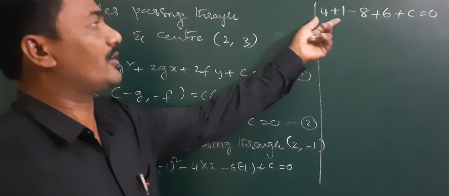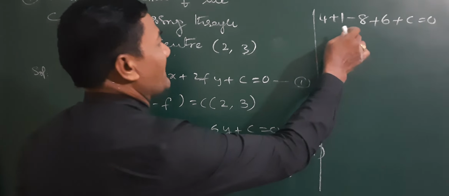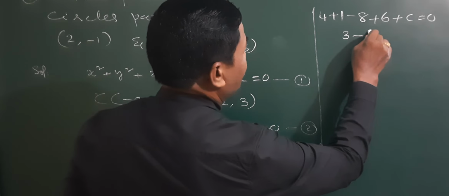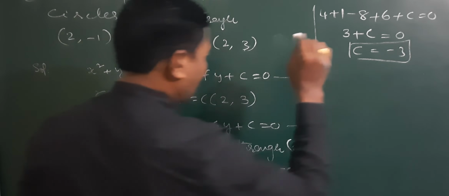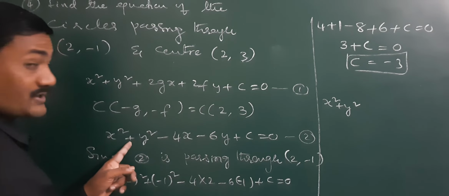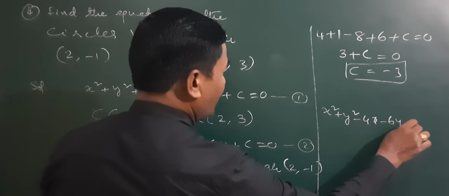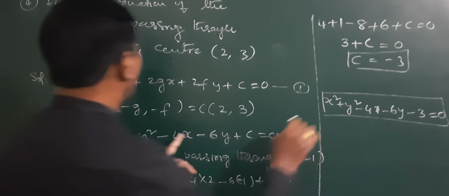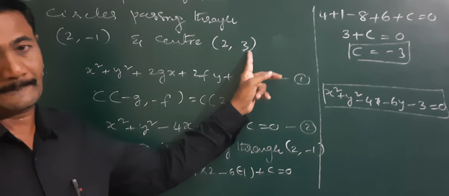That is 4 plus 1 is 5, 5 plus 6 is 11, minus 8 is 3, so 3 plus c is equal to 0. C is equal to minus 3 only. Therefore, the equation of the circle is x square plus y square minus 4x minus 6y minus 3 is equal to 0. This is the required equation of the circle passing through 2 comma minus 1 and with center 2 comma 3.